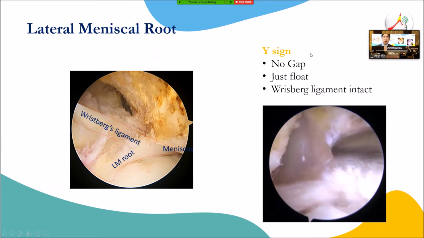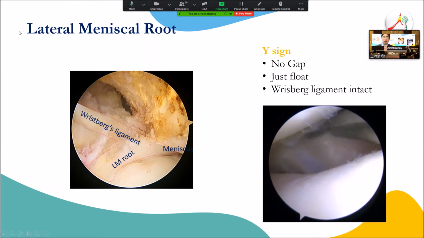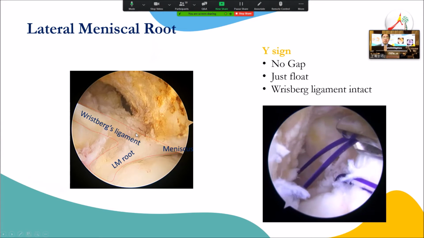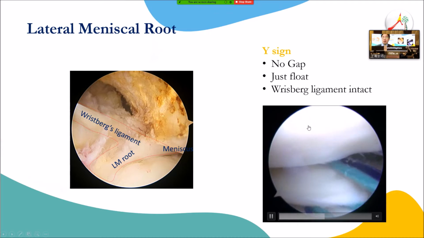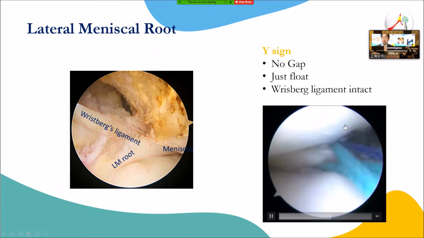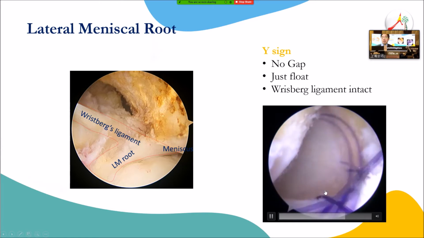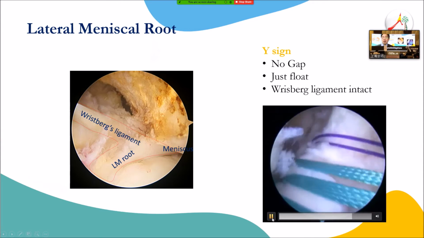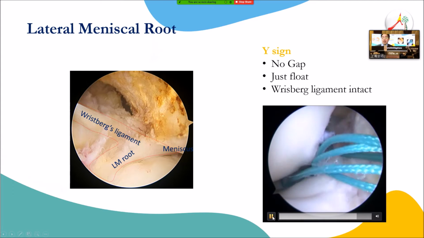The lateral root sometimes is difficult to identify because of the Wrisberg ligament. Sometimes you misinterpret. You just see the meniscus floating, but you don't know that this is a meniscus root tear because sometimes there's no gap. That is the Wrisberg ligament. You cannot see the gap because that's still an extension of the Wrisberg, right?